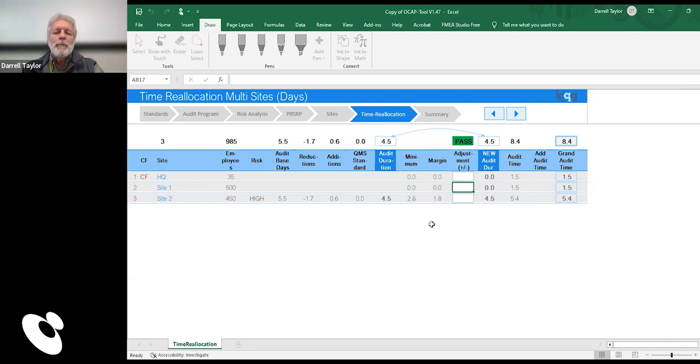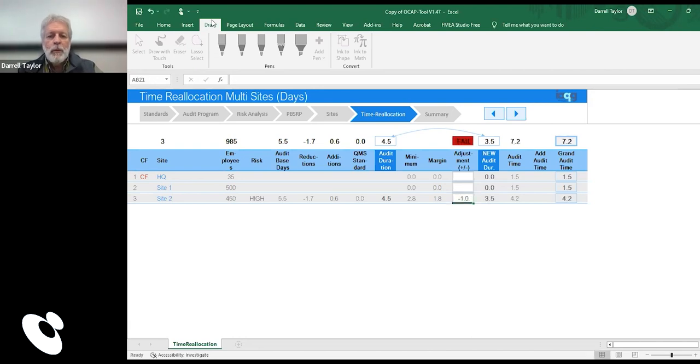This table is set up with a little green pass. If I put in -1, for example, you can see you don't pass, because that day has to go back in somewhere. Now that I've got it, here we go, put it back.